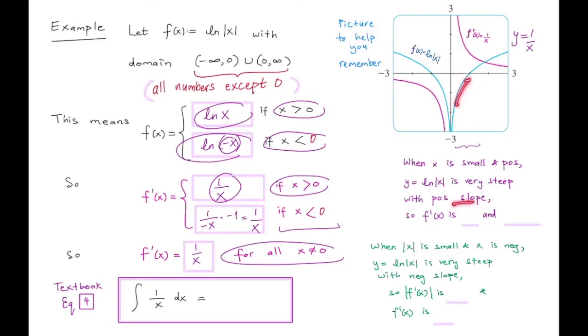So it has positive slope, and so f prime for those x would be big and positive. When the value of x is small and negative, so around here, the graph is also very steep, but it's decreasing. So it has negative slope. And so the absolute value of the derivative is big, and the actual derivative is negative.